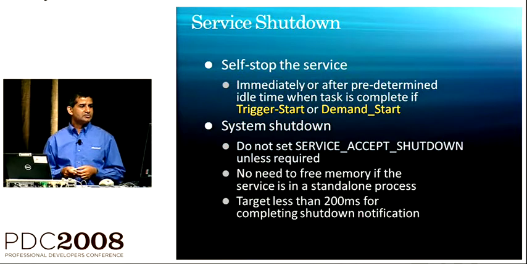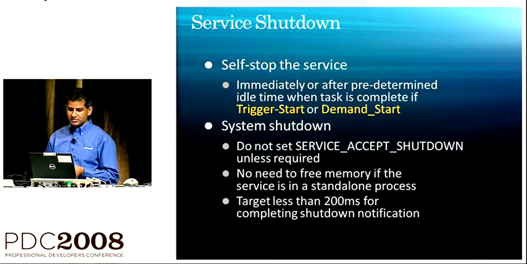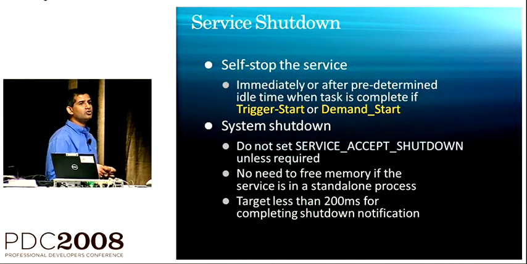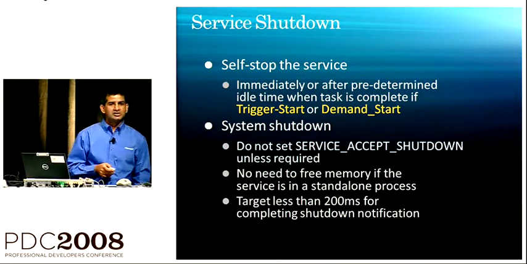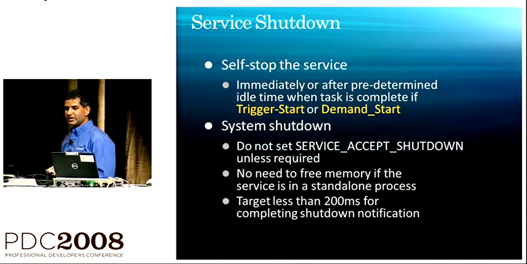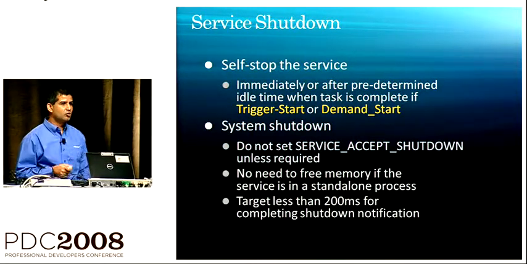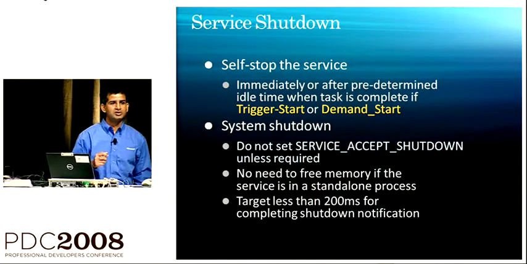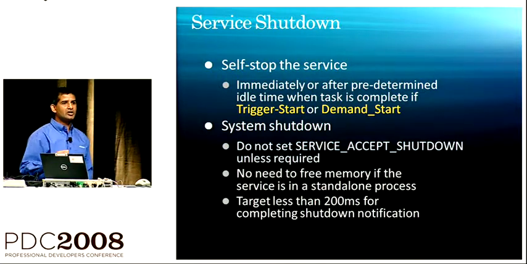The other recommendation that we have around services is they should not accept the service shutdown control notification, unless necessary. This is because once a service indicates to the infrastructure that I want to receive this message, then the infrastructure has to wait for the service to cleanly shut down.